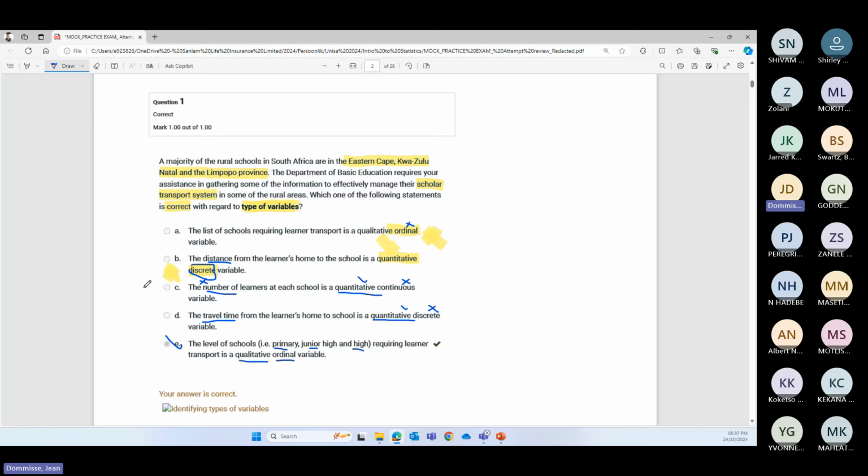Okay, so in this process, it's sometimes easier to work through the question so that you get to eliminate and see which one is the correct one.